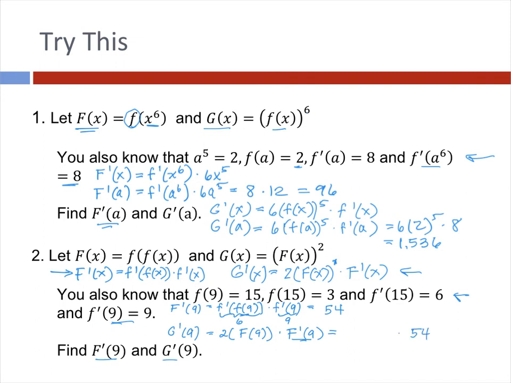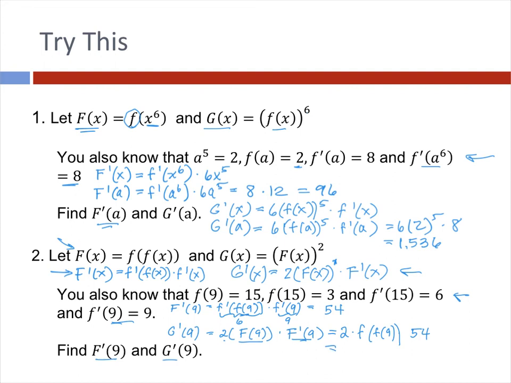So we have to find the first part. And we were trying to find 2 times F of 9. And we look at our list and we don't have F of 9. So we're going to have to go all the way back up to the top here, to this section. And we're going to have to find F of 9. And we know F of x is equal to little f of f of x, right? So we know that the first part is 2 times little f of f of 9, like this, right?